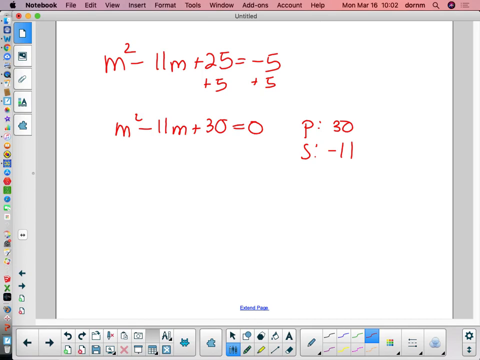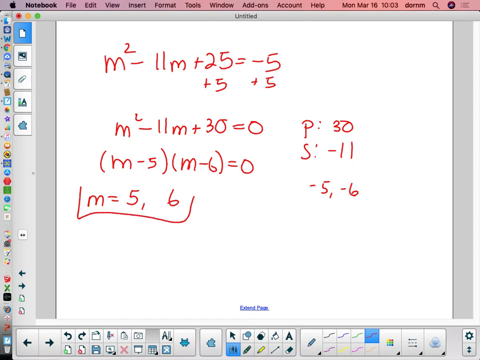I can't add two positive numbers together and get a negative. What numbers would those be? Negative 5 and negative 6. So my magic numbers are negative 5 and negative 6. So this factors into m minus 5, m minus 6 equals 0. And my solutions are the opposite of my magic numbers when it's a nice one. Those are my actual solutions.